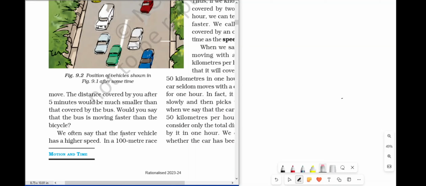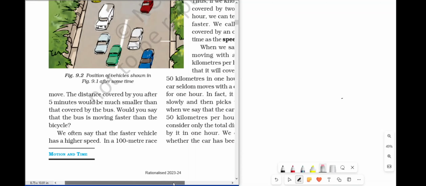We often say that the faster vehicle has a higher speed. तो जो vehicle तेज होगी उसकी speed high होगी. So it's easily derived from here that a faster vehicle has a higher speed.